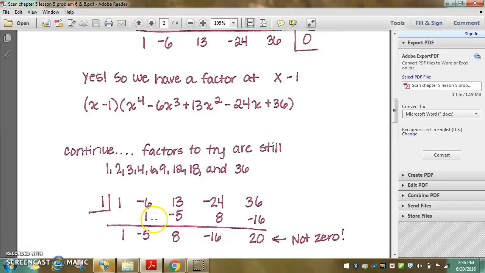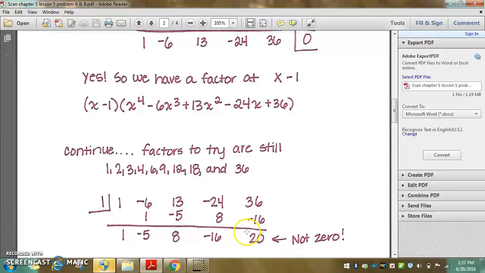Add here, which would be negative 5. 1 times negative 5, negative 5. 13 plus negative 5, 8. 1 times 8, 8. Negative 24 plus 8, negative 16. 1 times negative 16, negative 16. Add, get 20. This is where our remainder is.